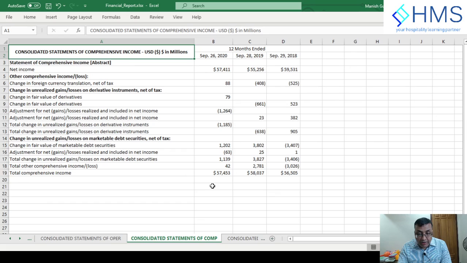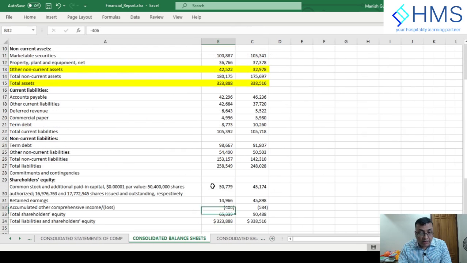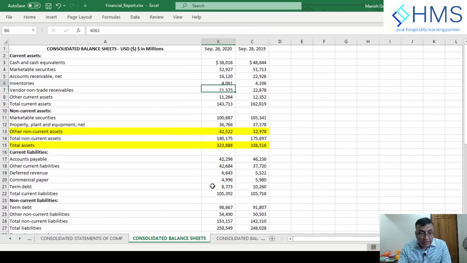So we are not able to understand practically what the detail of other current assets is. Actually, we don't know about that. There is no information on it. Then we don't know why the company has marketable securities and other securities while also having a debt.